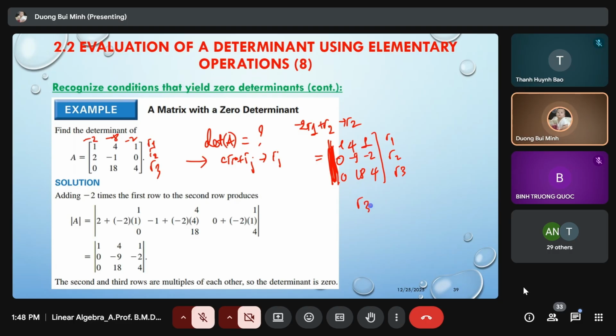R3 is minus 2 times R2, so we have a linear combination relationship between R2 and R3. Therefore the determinant is 0.